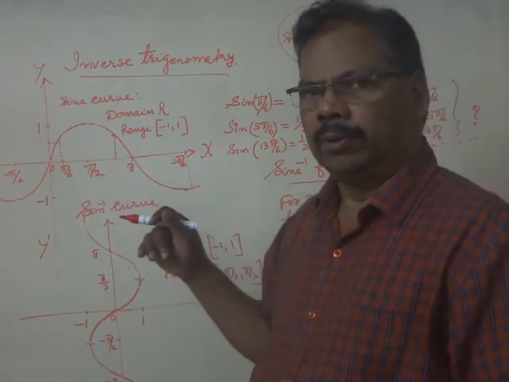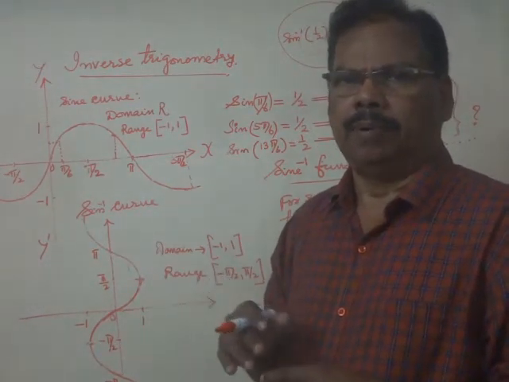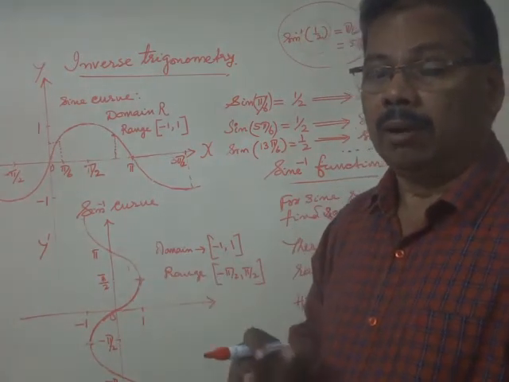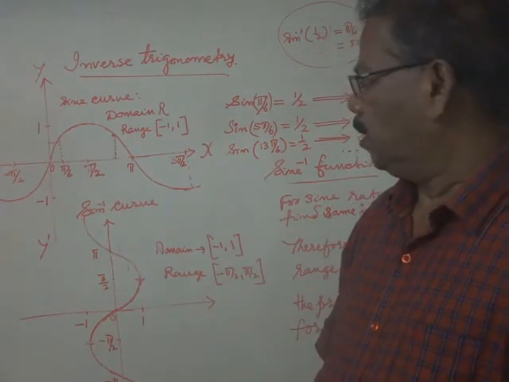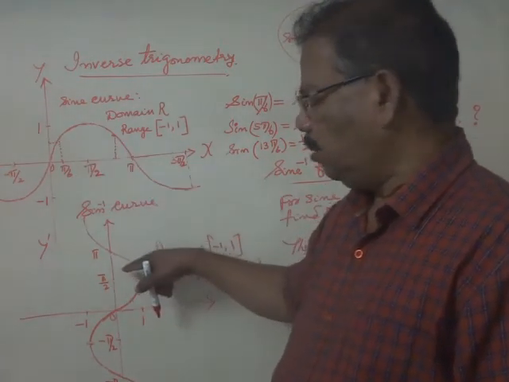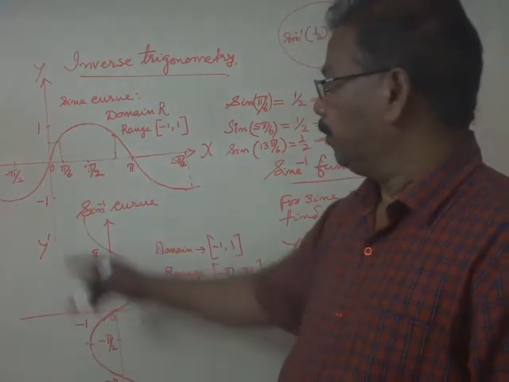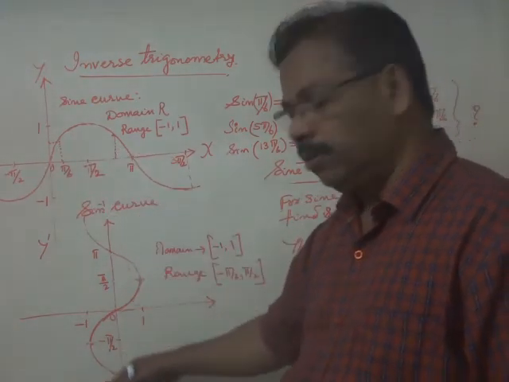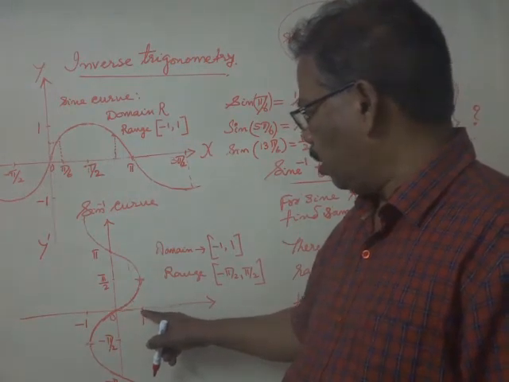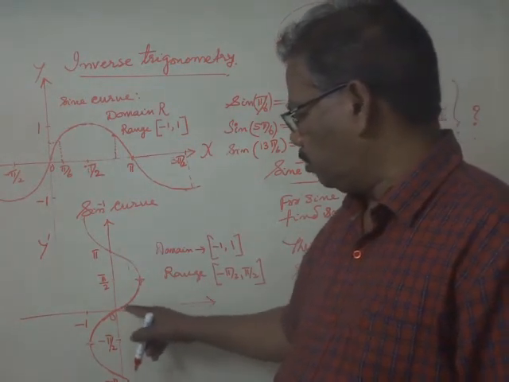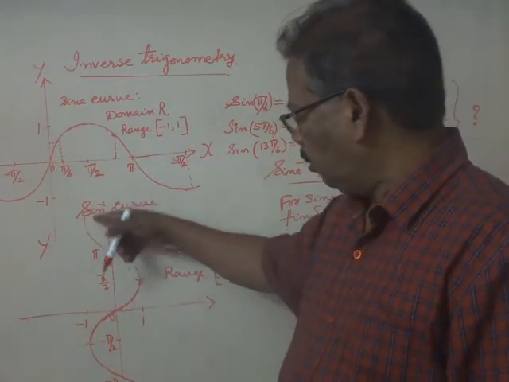Therefore, we need to get a particular interval in the range. If we plot the inverse graph, that is sine inverse graph, the curve on the x-axis will be just on the y-axis. Sine inverse 1 will be pi by 2, sine inverse minus 1 will be negative pi by 2, and the curve will be on the y-axis.